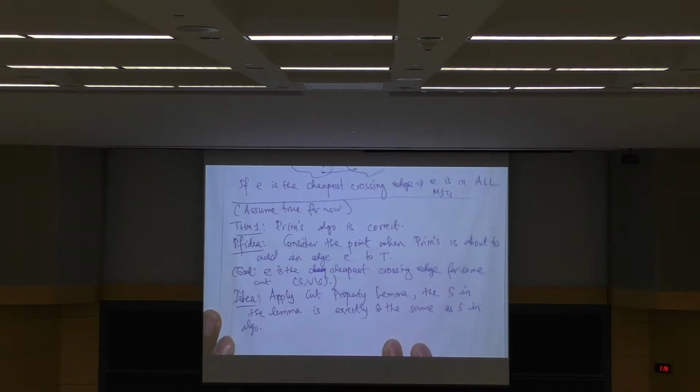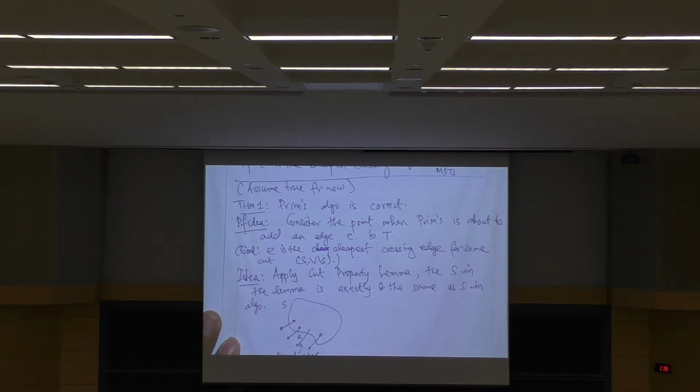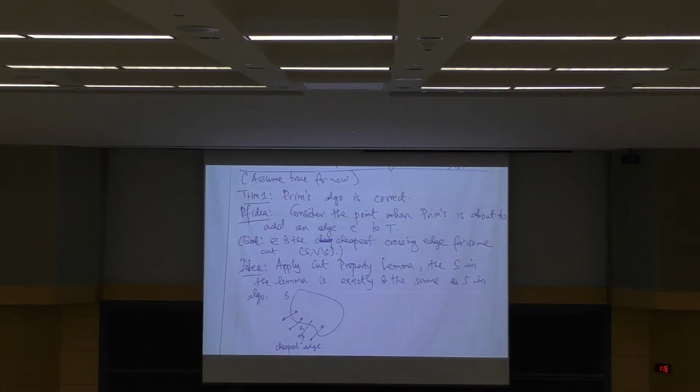So again, as a quick reminder, here's how Prim's works. You had this set S at some point, and you're looking at all possible crossing edges. And what Prim's is doing is picking the cheapest crossing edge and adding it to T.